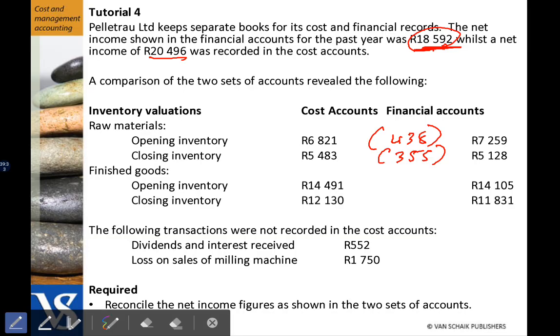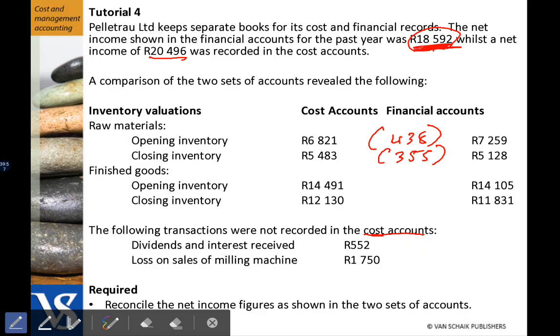Then they said the following transactions were not recorded in the cost accounts: dividends and interest received, 552. So this was not recorded in the cost accounts, but it only appears in the financial accounts.